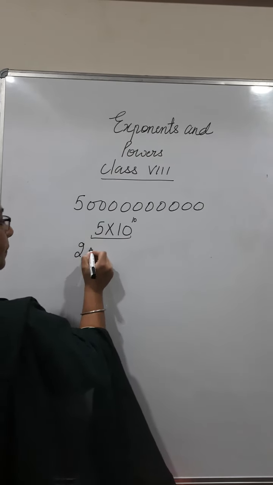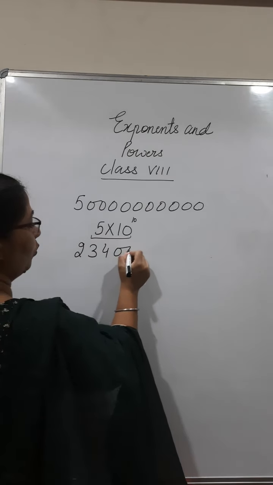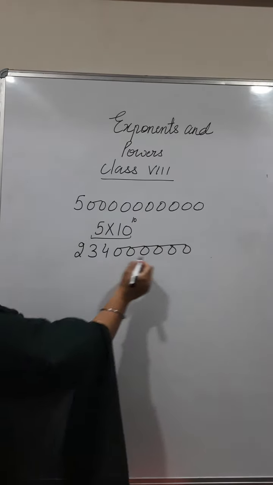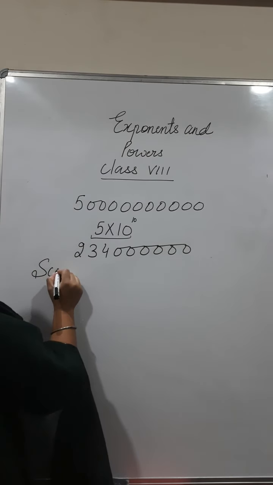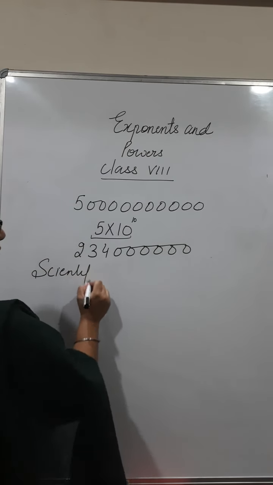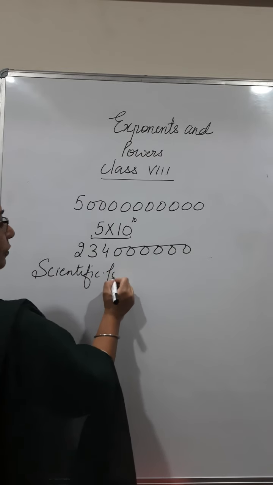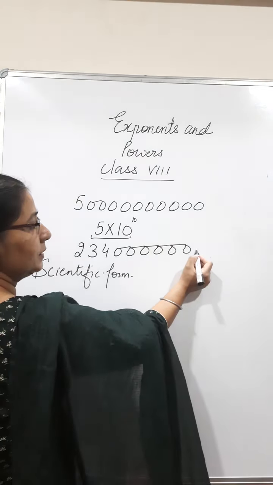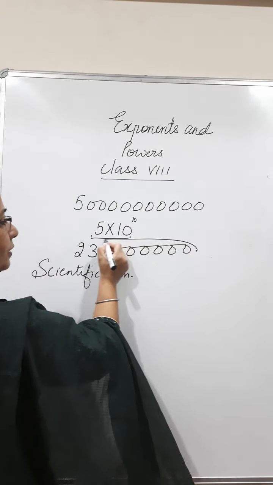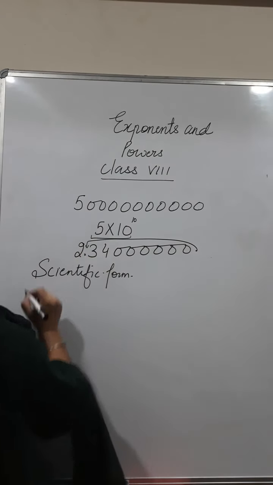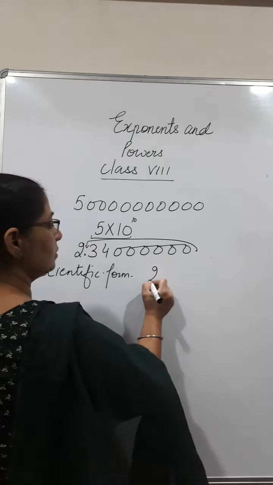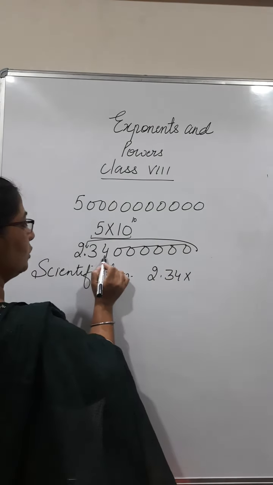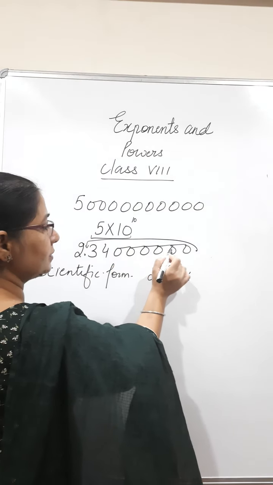See another example. I have 2, 3, 4 and I have got, suppose, this number. Now if I write this in the scientific notation form, what is the rule? I have to have the decimal only after the one digit here. So what I do is, this is 2.34 multiplied, 1, 2, 3, 4, 5, 6, 7, 8.